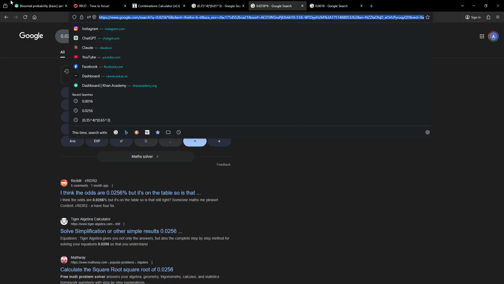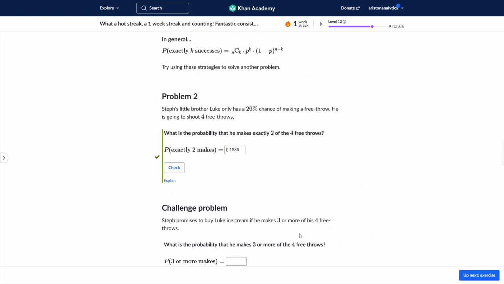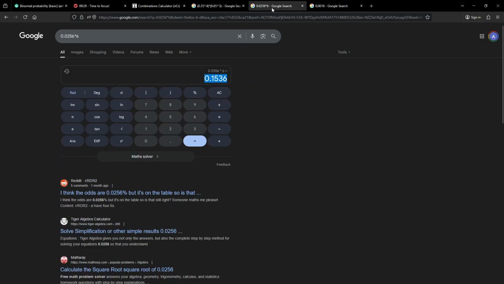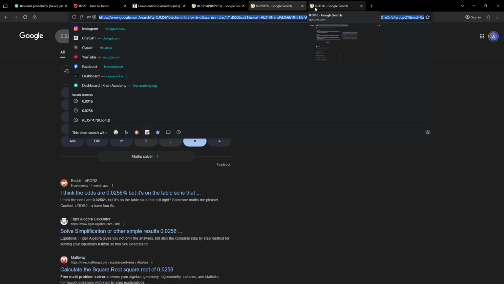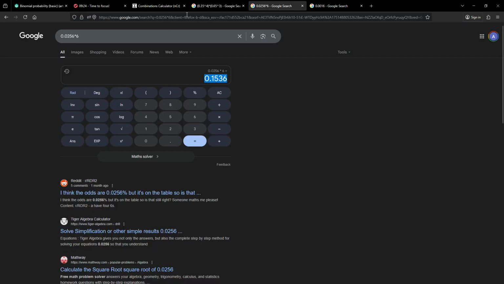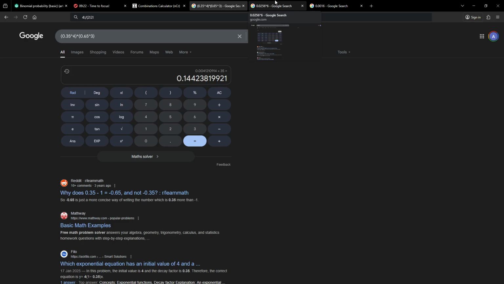That's for 4 because there's only one way to do 4. You can't really organize it. There's only one combination for 4, is what I'm trying to say. And then for 3, it would be the exact same as this.